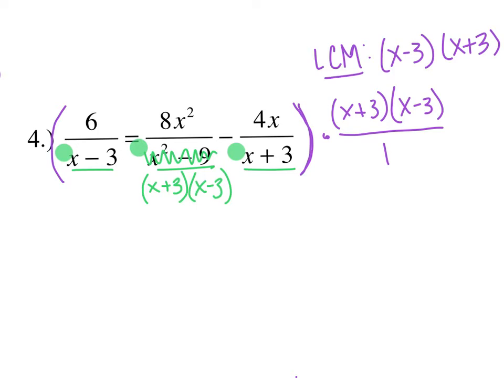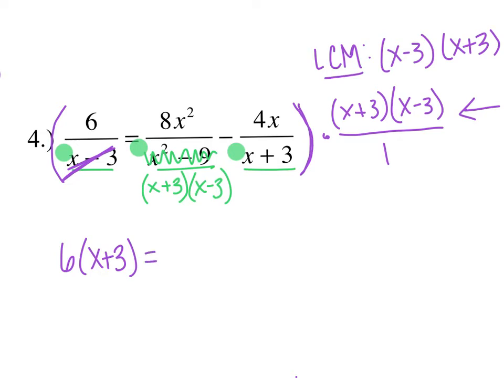So if we're looking at our first fraction, we have 6 over x minus 3. The x minus 3 over here cancels out with the x minus 3 in the denominator of our first fraction. So the only thing we have to multiply that 6 by is the x plus 3 part. Bring down your equal sign.